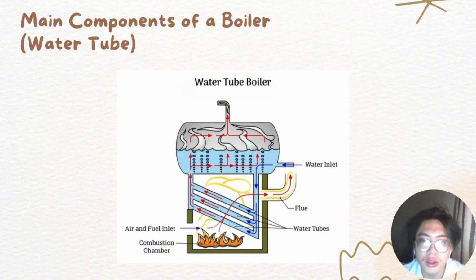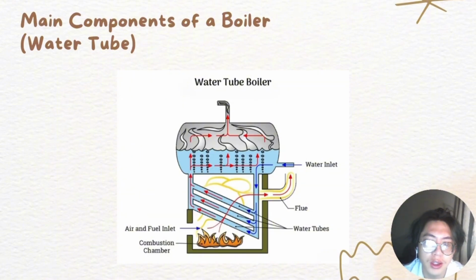The next one is main components of a boiler for water tube. As we can see, at the bottom side is the combustion chamber where air and fuel inlet is available. The heat is created by heating the sloped water tube. As in the diagram, we can see there is 3 sloped water tube.